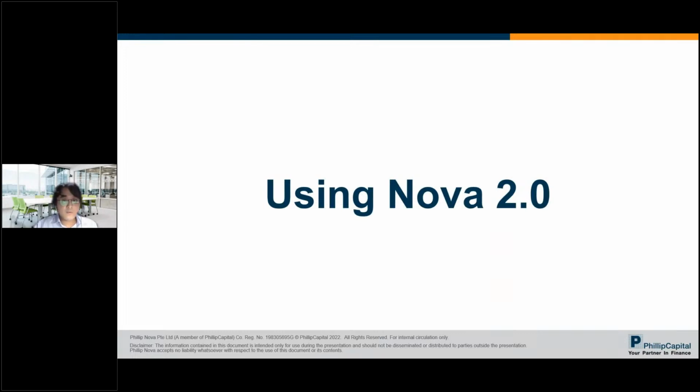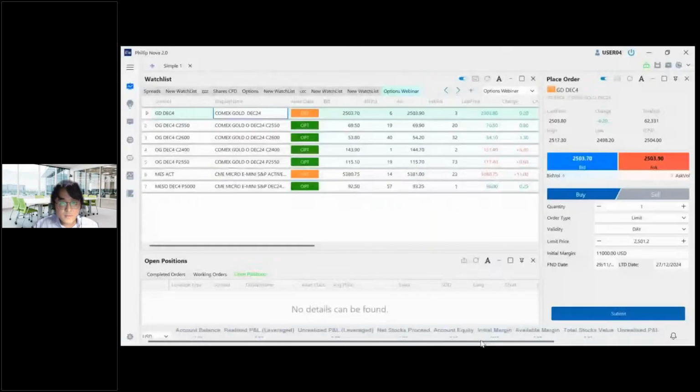So let me swap over to our Nova 2.0 platform. Okay, I hope you guys are able to see the platform over here.